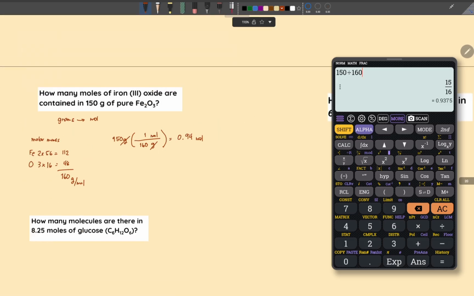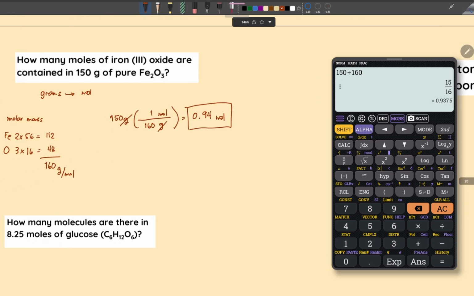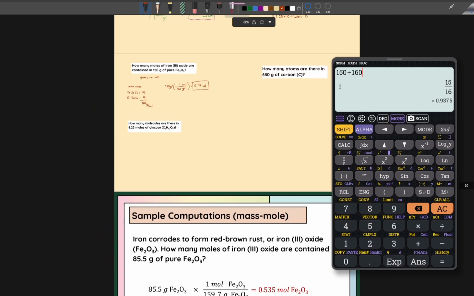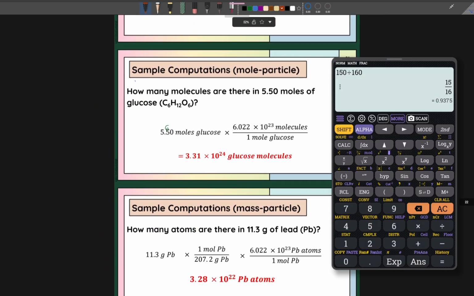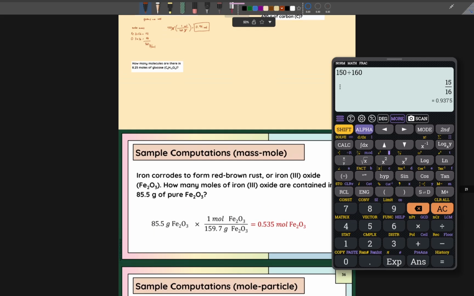Okay, so for now, you are converting the same compound. But in the next lesson, you'll be using chemical equations to solve this. So you can practice more on this. Okay, good luck.